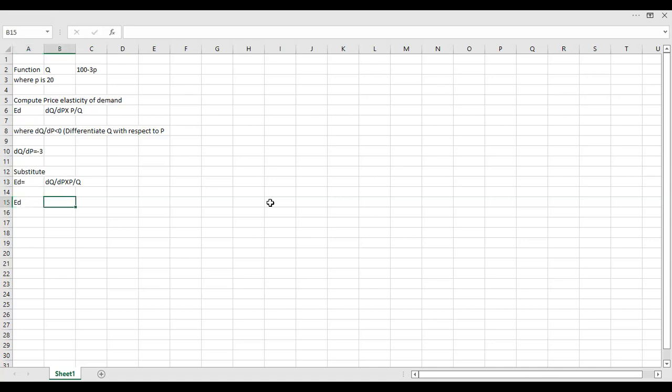So elasticity of demand will now be equal to minus, in brackets, dq over dp, which is less than 0, that is minus 3. We close our brackets. This is representing dq over dp, multiplied by p over q.